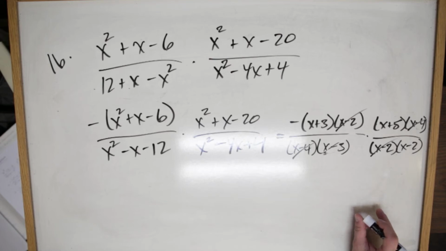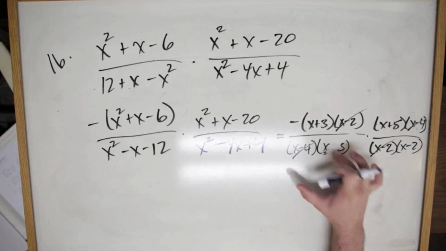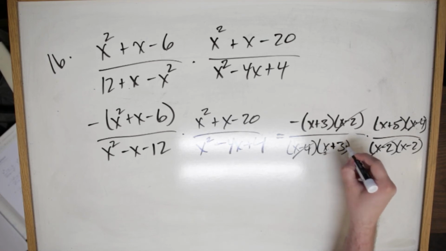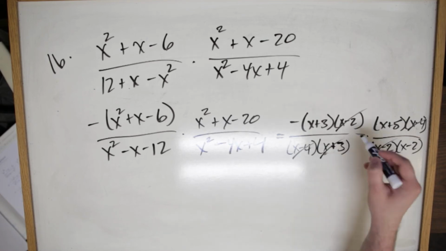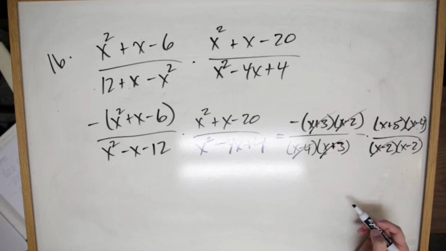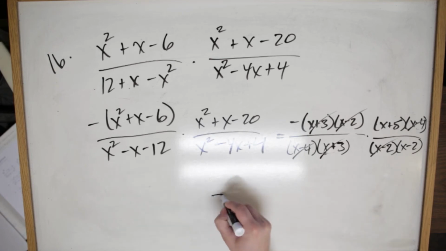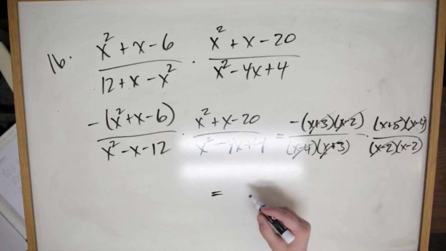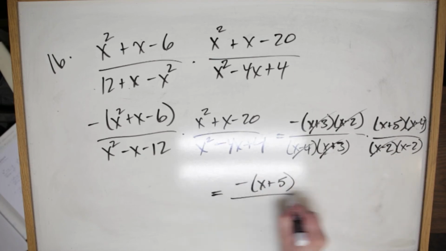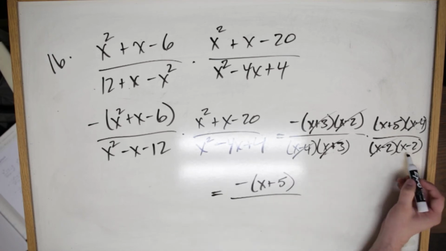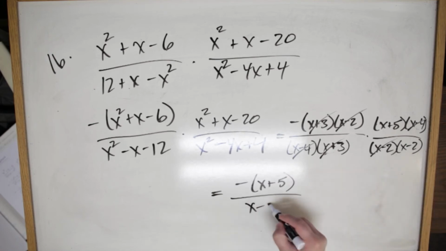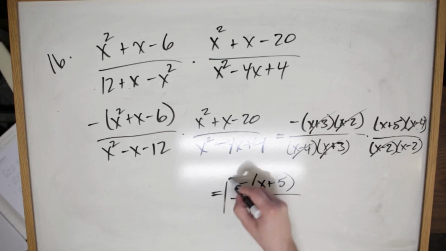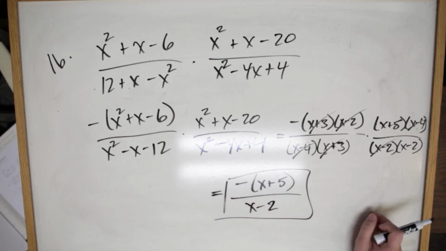Oh, this is supposed to be a plus. This is a plus 3. My bad. There we go. Now they cancel. Awesome, that's exactly what we wanted. So now we're left with a minus, and then that's going to be x plus 5, minus x plus 5, all over what's left, x minus 2. So there's our final answer.